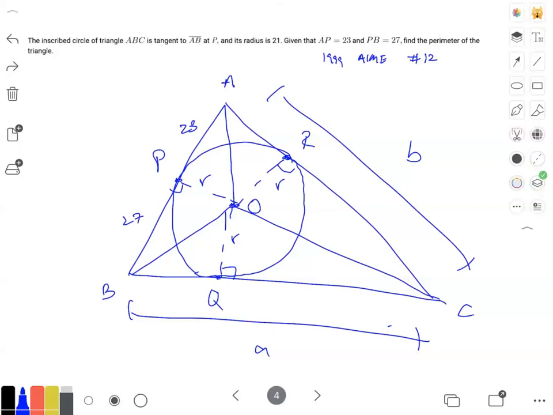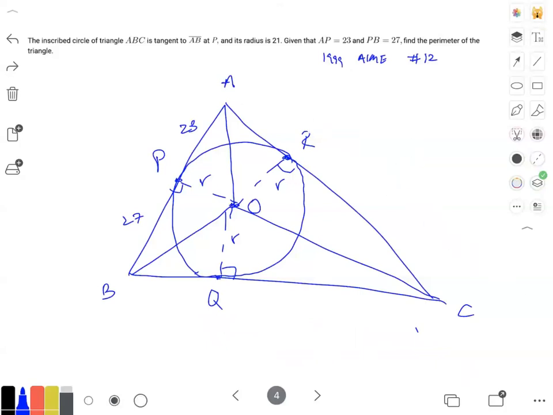Okay, so let me call this X. Or no, what am I saying? This has to be 23 because these are equal tangents, and this will have to be 27 because BQ is equal to BP by equal tangents. So then let me just call this guy X.